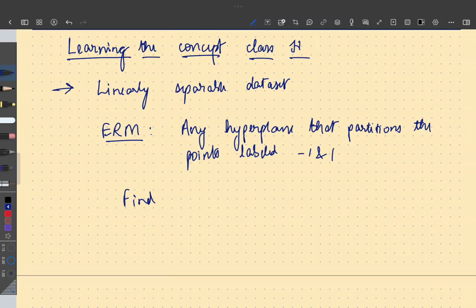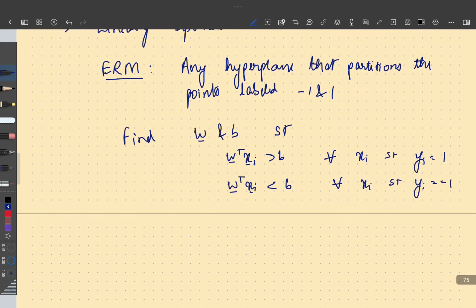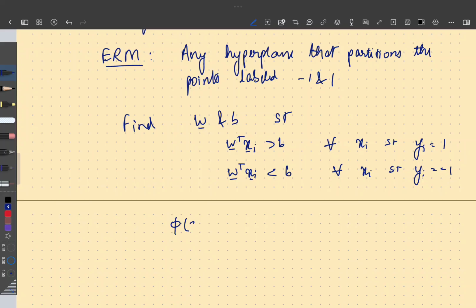We want to find W and B such that W transpose Xi is greater than B for all Xi such that Yi is 1, and W transpose Xi is less than B for all Xi such that Yi is minus 1. Sorry, just give me a second.